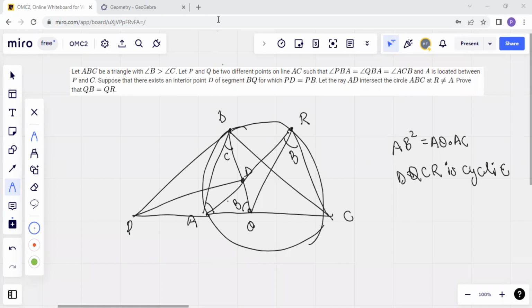Oh, PB is tangent to circle ABC. Yeah, I was surprised you saw AB tangent to circle BQC first. So we also have that PB squared is equal to PA times PC, and CA times BC.